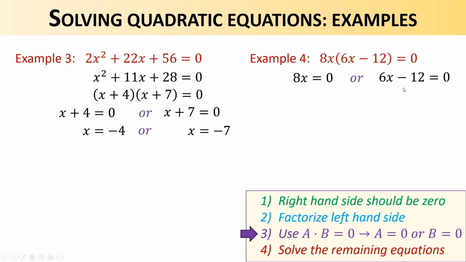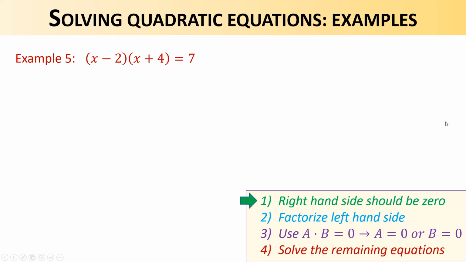Now solving these two equations separately, in the first case we divide by 8, we get x is 0. In the second case, we want to add 12 to both sides first, so we get 6x equals 12, and then we divide by 6, so x equals 2. So the two solutions are x equals 0 or x equals 2.